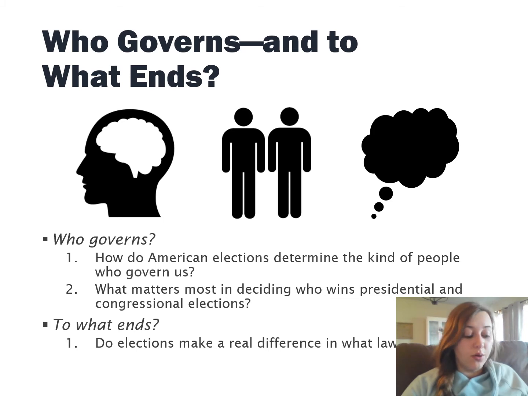Can you get your supporters to the polls? You can make every last-ditch effort to sway that 10 to 20% in the middle, but you may not even need them if you can sway your supporters and get them to the polls. So who turns out to vote is incredibly important.